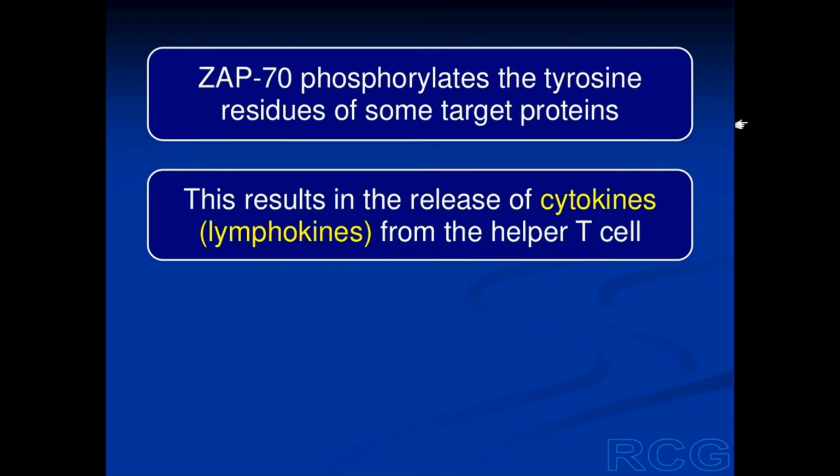ZAP70 phosphorylates the tyrosine residues of some target proteins, and this results in release of the cytokines from the helper T cells.